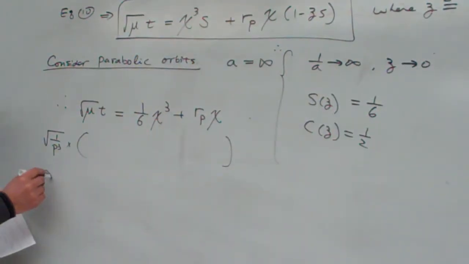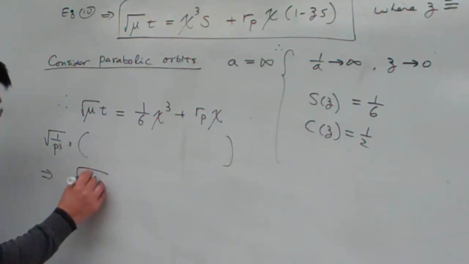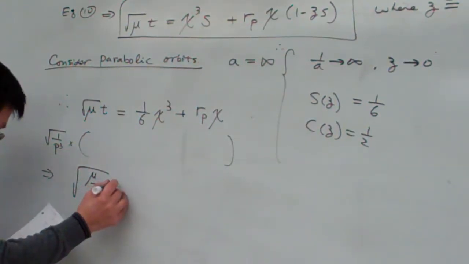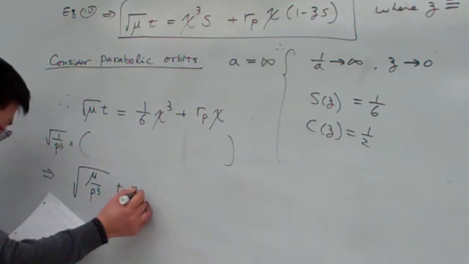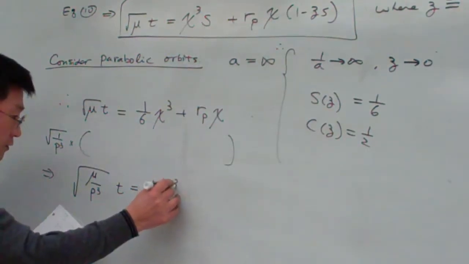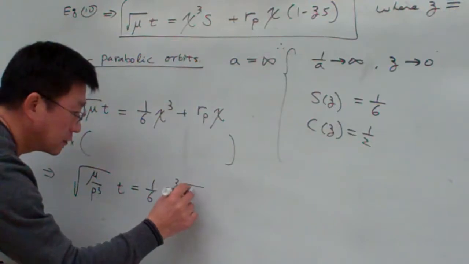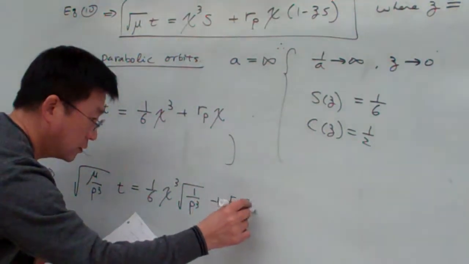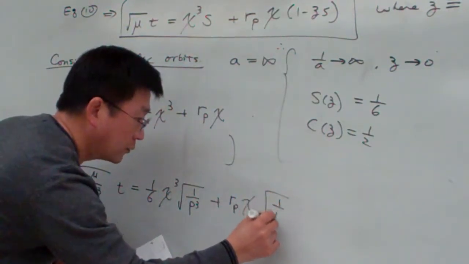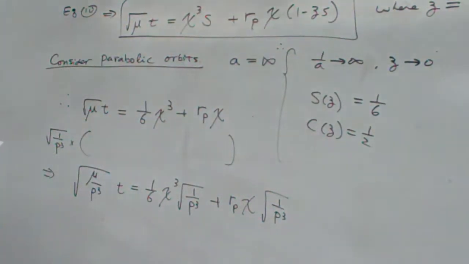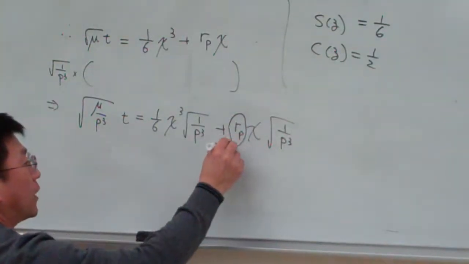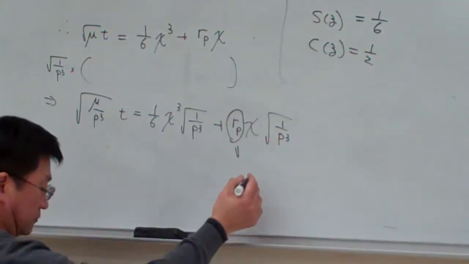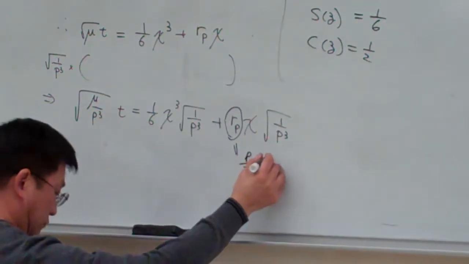Then what we obtain is mu p^3 t equals 6 x^3 plus rp x, and also for parabolic, rp equals p over 2.